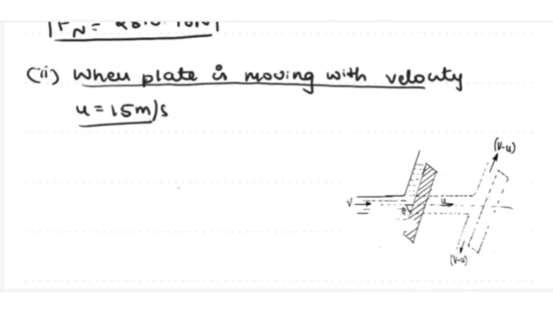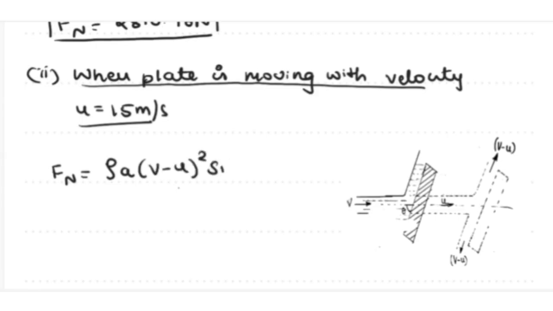The formula to calculate normal pressure or normal force is Fn is equal to rho into A. For the stationary case it is rho A V square sin theta. Here, in place of V you have to put V minus U whole square sin theta.